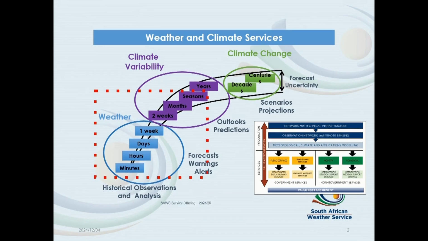And then we also have other services that we issue, for instance, your impact early warning systems. These are some of the services that we issue through our disaster management structures within the country.